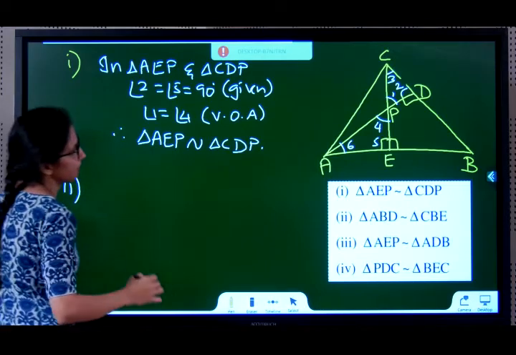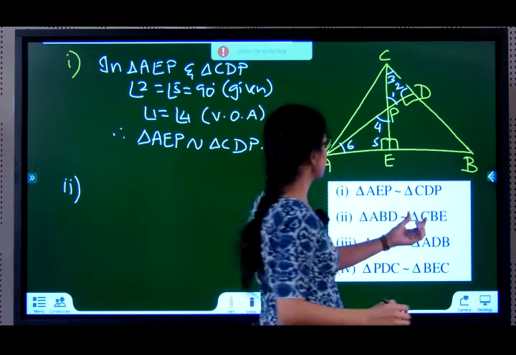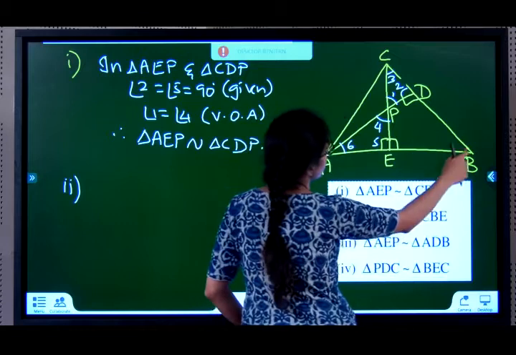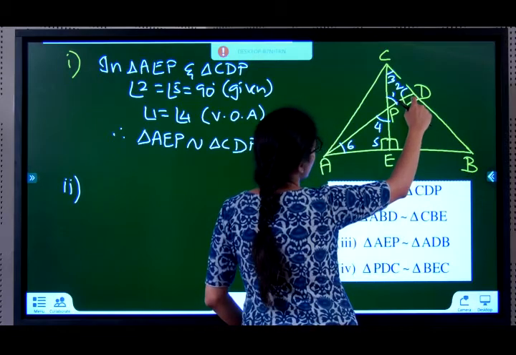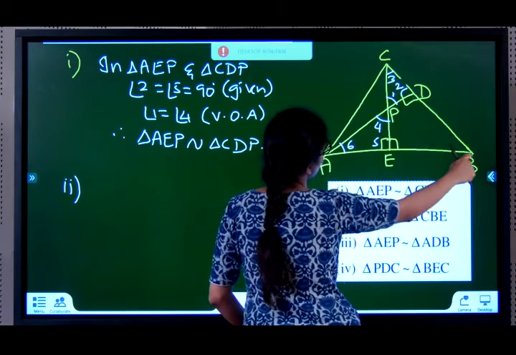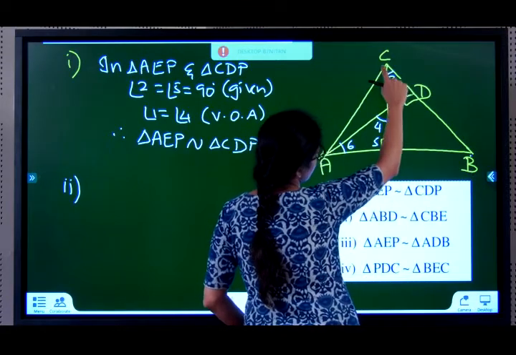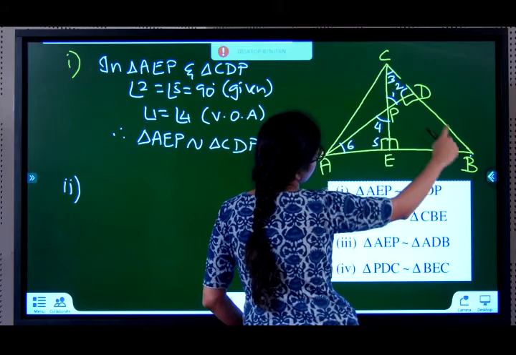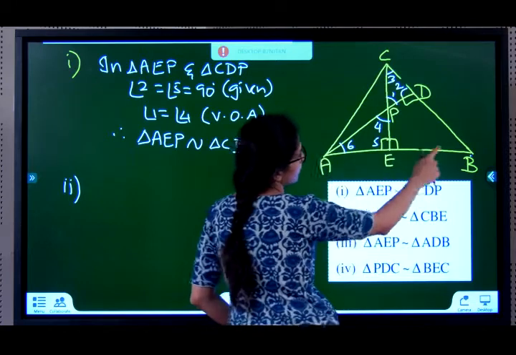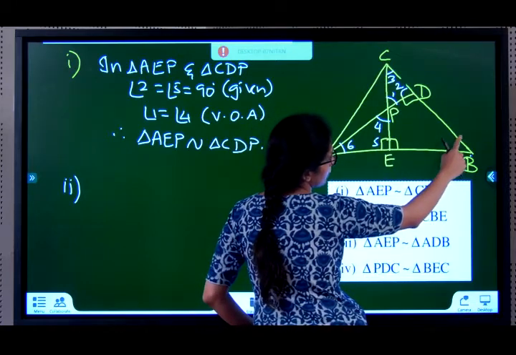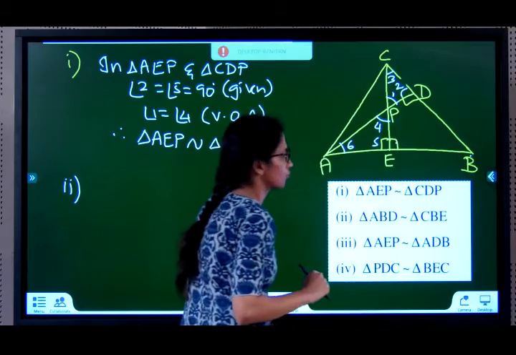Now, second part, ABD and CBE. There is a common angle B in both cases and there is a 90 also.